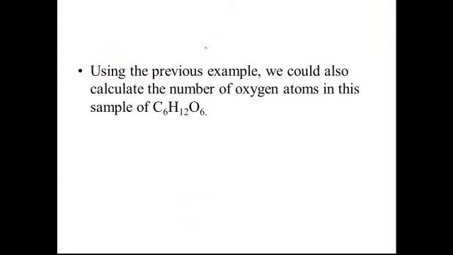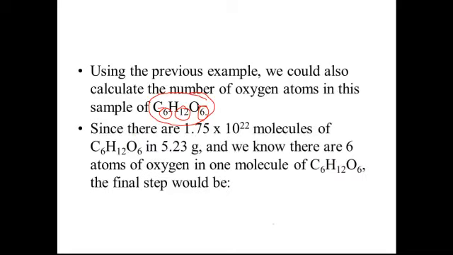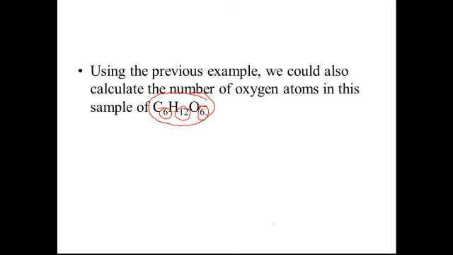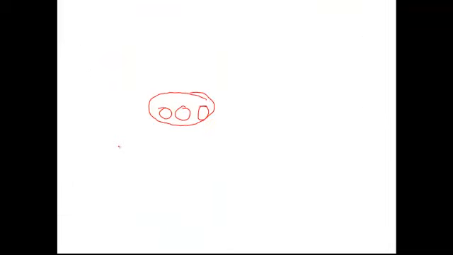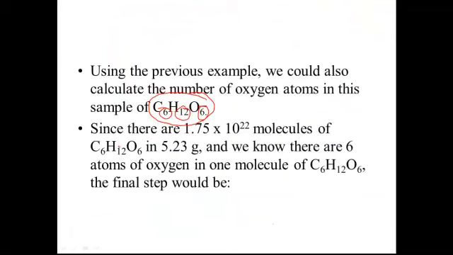One of the things we could also do, now that we've got to this point, is calculate atoms. We know that in this molecule, something we talked about at the beginning, there are 6 carbon atoms, 12 hydrogen atoms, and 6 oxygen atoms. So if we come back here to this answer, we're starting with our 5.23 grams of glucose, and we're going to go all the way to how many oxygen atoms there are.